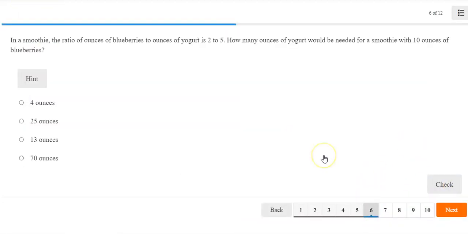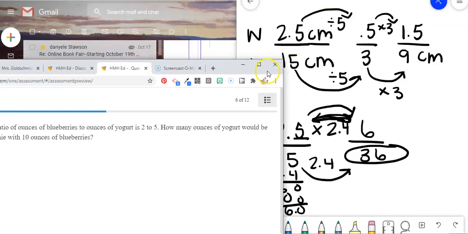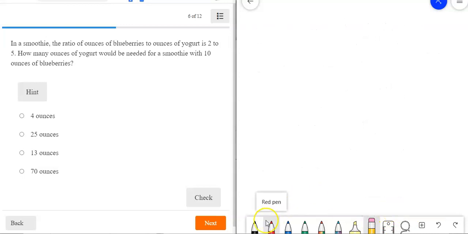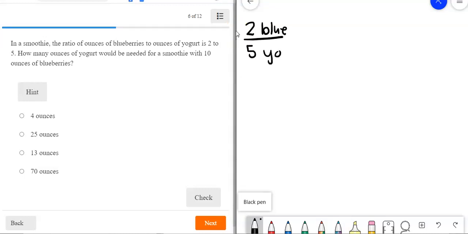Number 6. In a smoothie, the ratio of ounces of blueberries to ounces of yogurt is 2 to 5. How many ounces of yogurt would be needed for a smoothie with 10 ounces of blueberries? So I'm going to separate this out. All right, so we have 2 blueberries over 5 yogurts.